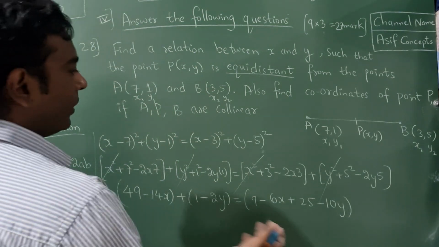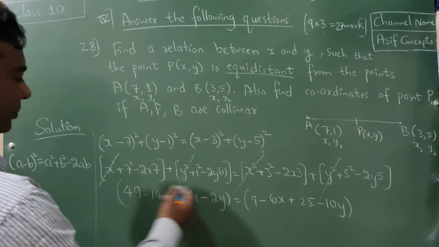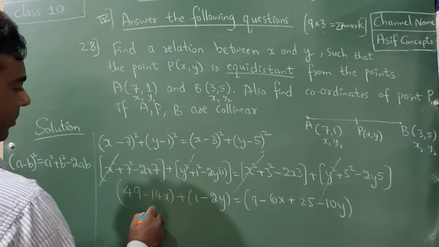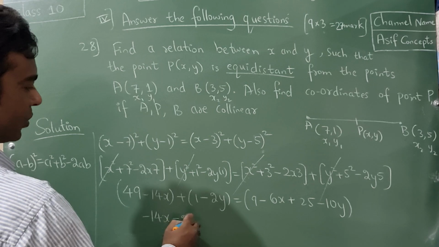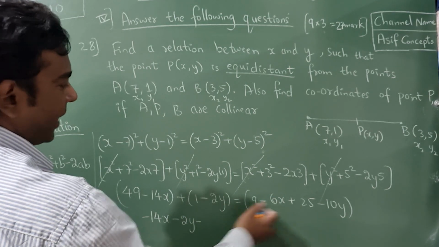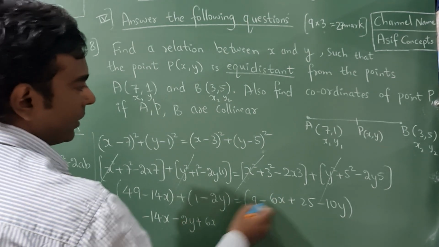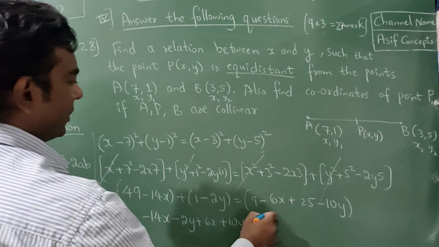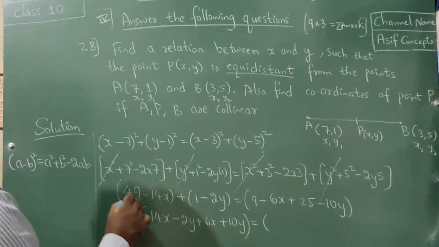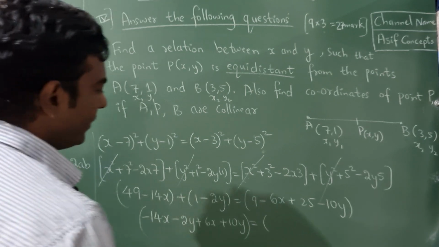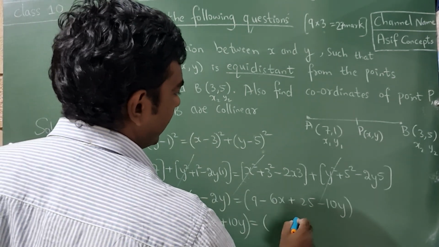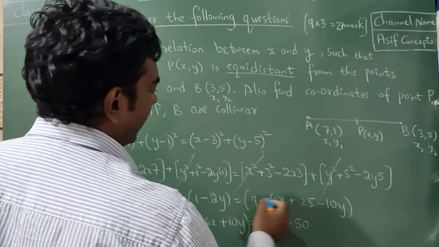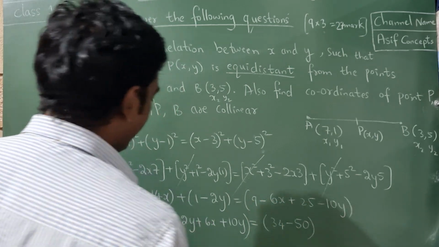Okay, bring all the terms to one side. So let me write minus 14x minus 2y. If minus comes this side, it will become plus, and this also. Okay, and the remaining terms: 49 plus 1 is 50. 50 goes to the right hand side, it will become minus 50, and this will be 25 plus 9 is 34.